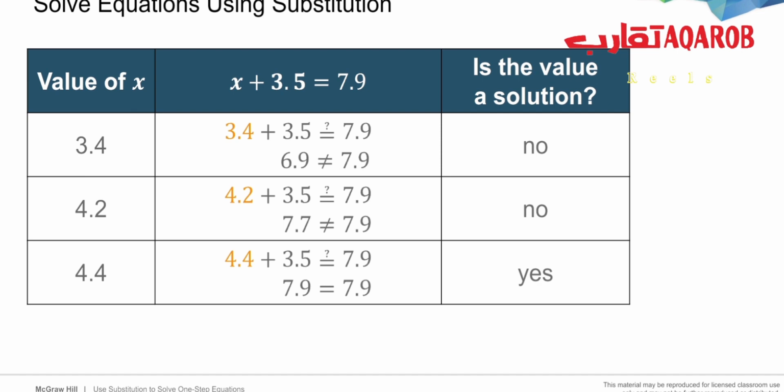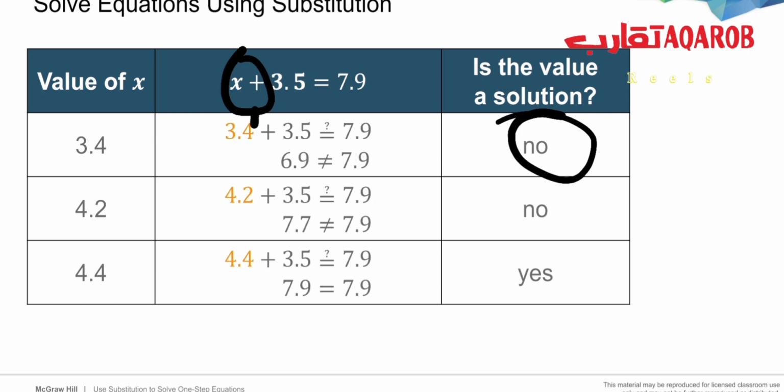If I replace x by 3.4 and add it to 3.5, I ask myself, is it equal to 7.9? 3.4 plus 3.5 is 6.9, so they are not equal. So is 3.4 a solution? No, it's not a solution for the equation.